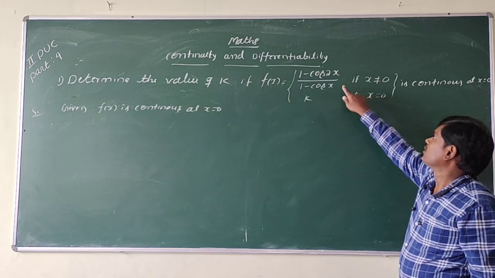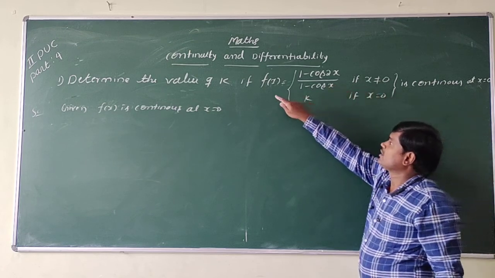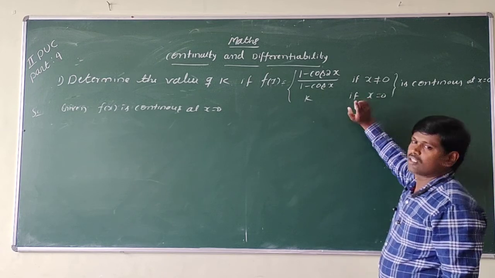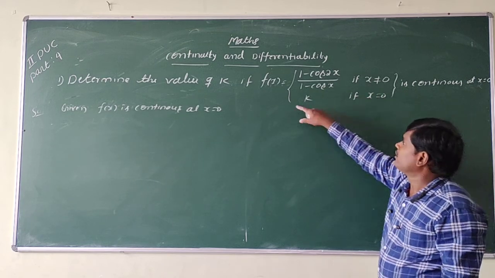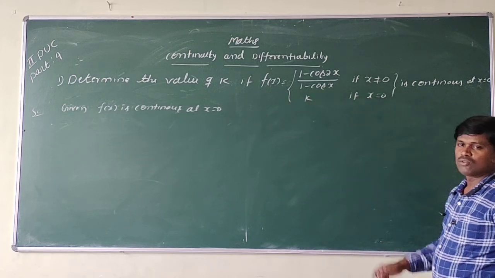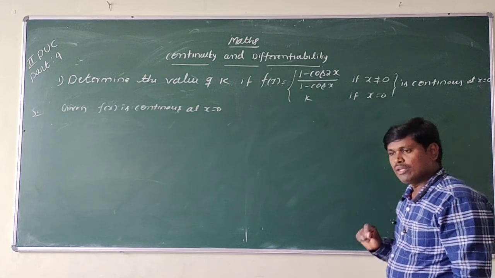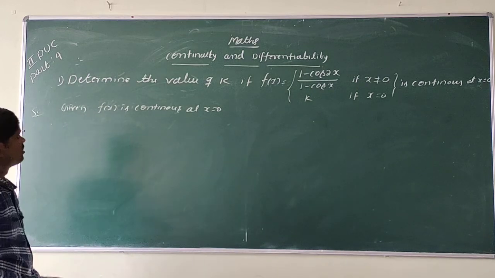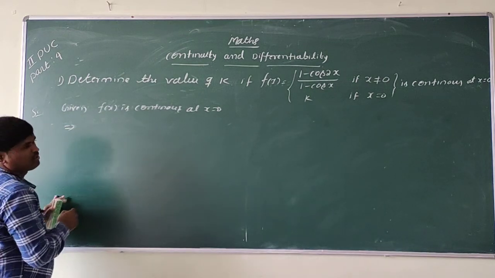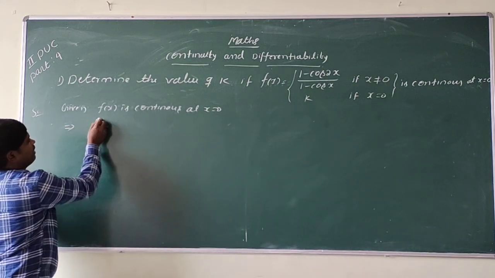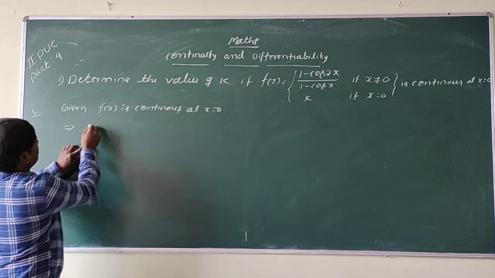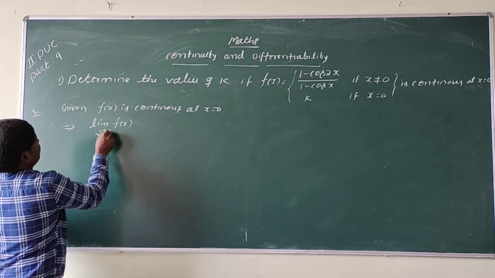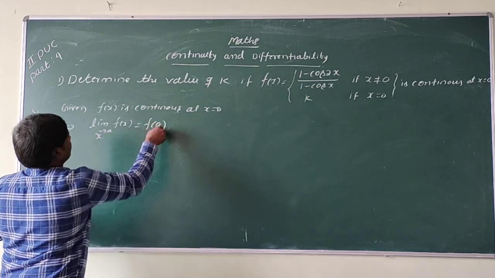Okay, so here the function is given that f of x is equal to (1 minus cos 2x) divided by (1 minus cos x) if x is not equal to 0, and f of x is equal to k if x is equal to 0. So therefore we go through the value of the function and the limit of the function. By the definition of continuity, the limit of f of x as x tends to a is equal to f of a.